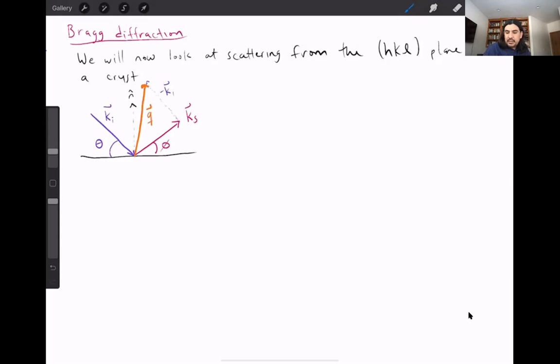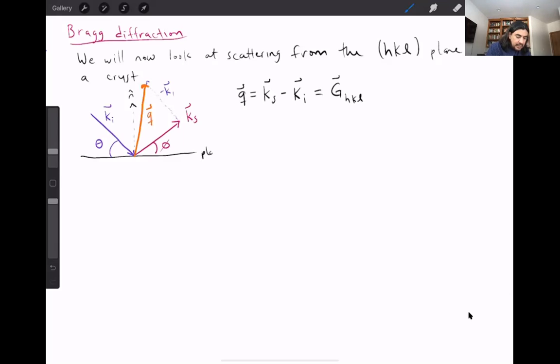So questions about this geometry? All right, so we have the allowed scattering condition, and the allowed scattering condition tells us that Q is going to be Ks minus Ki, scattered versus incoming. We also know that, and this is what von Laue told us, right?